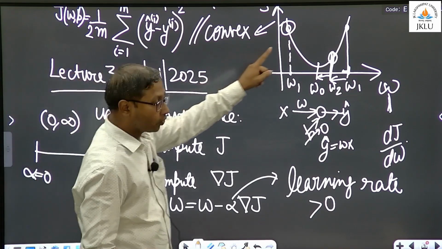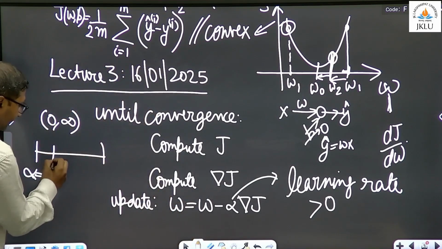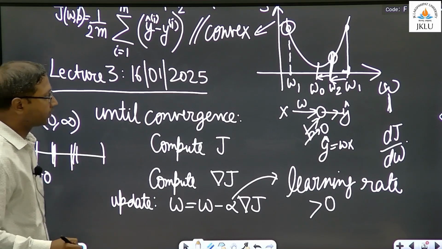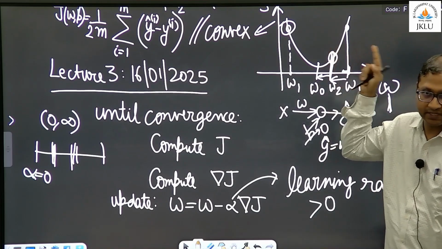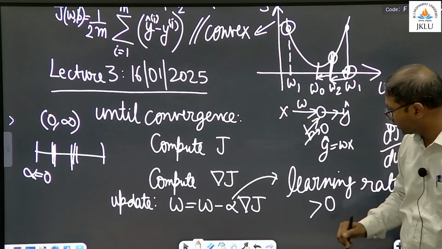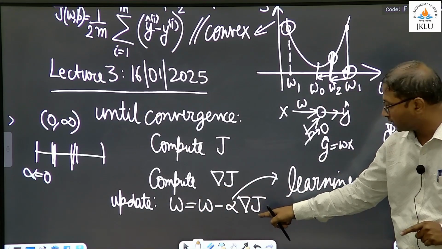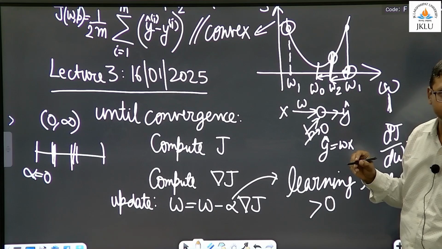On the other hand, if you keep alpha greater than some threshold, let us say you keep it very high, what will happen in that case? How does it shoot out? You are here right now, W equal to W minus alpha grad J. Now let us say this alpha is too high. Where will you end up being?